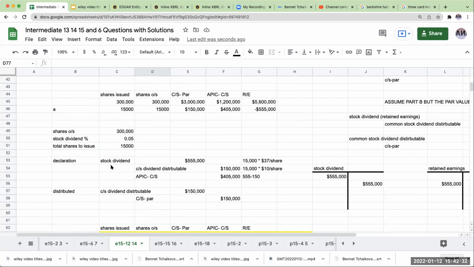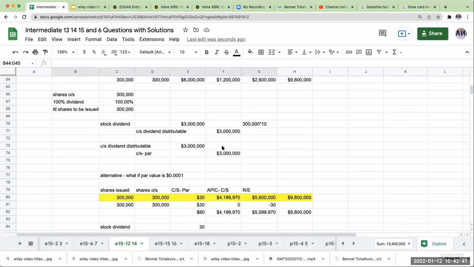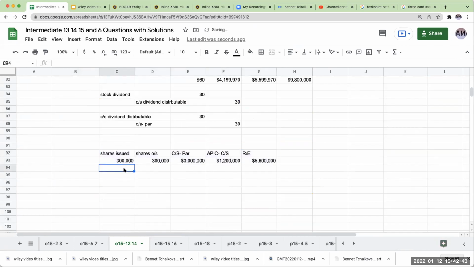So the last part over here, if we have a stock split, right, what exactly is going to happen here? If I have a 2-for-1 stock split, this is going to increase by 2. My common stock at par, the par value is going to remain the same.